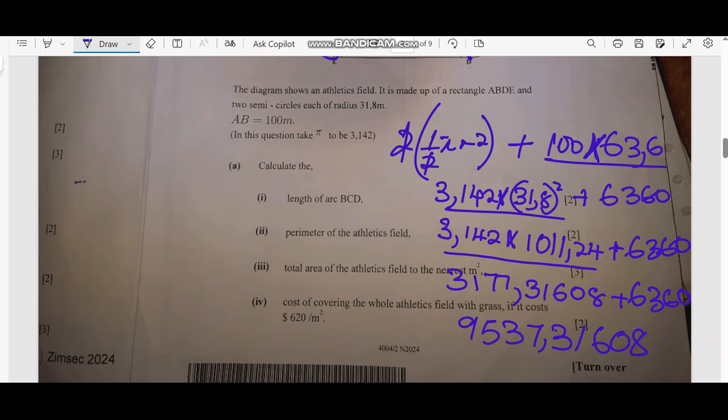Right, then the question says to the nearest square meter, which means the nearest whole number. So the answer is 9,537 square meters.